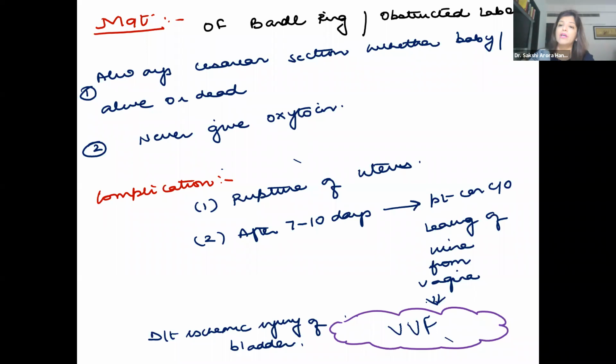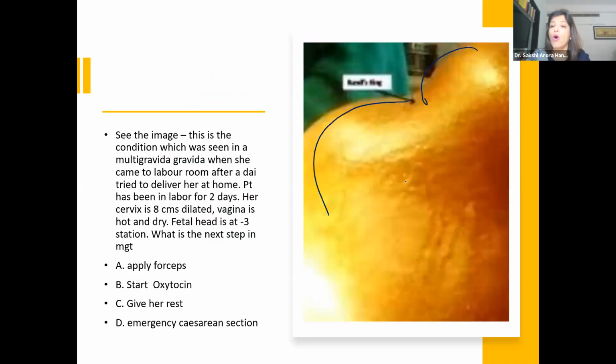So please remember, patient is going to present to you after 7 to 10 days with leaking from vagina, and that the cause is vesico-vaginal fistula, right? So this is what I wanted to tell you about Bandel's ring, and this is how on image they are going to show you a Bandel's ring, that the upper part is tonically contracted uterus and the lower part of the uterus is distended and there is a groove in between, right?